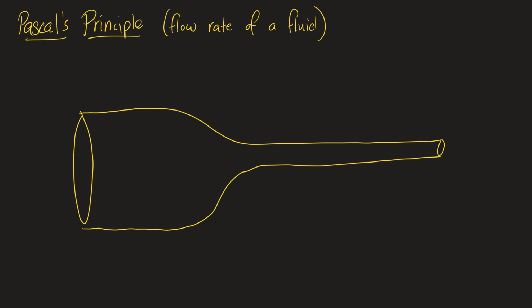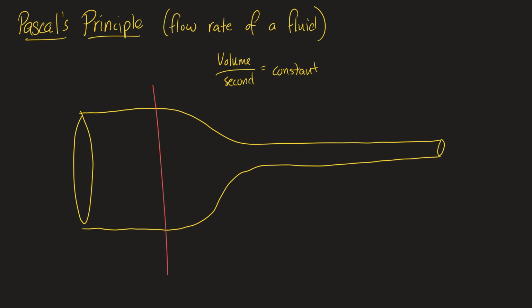The flow rate of a fluid in a closed system is constant everywhere in the system. And the flow rate is the volume per second of fluid. This is a constant in a closed system. So as water's moving through a pipe, the volume that passes any one location per second stays the same.